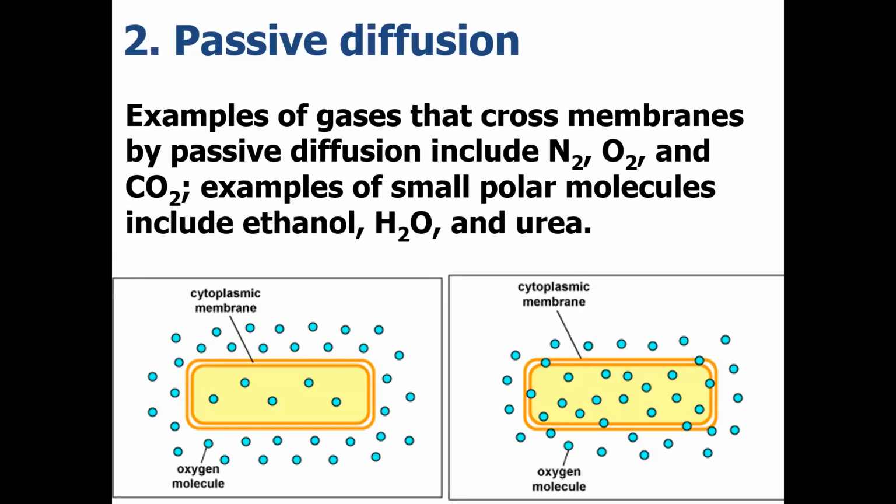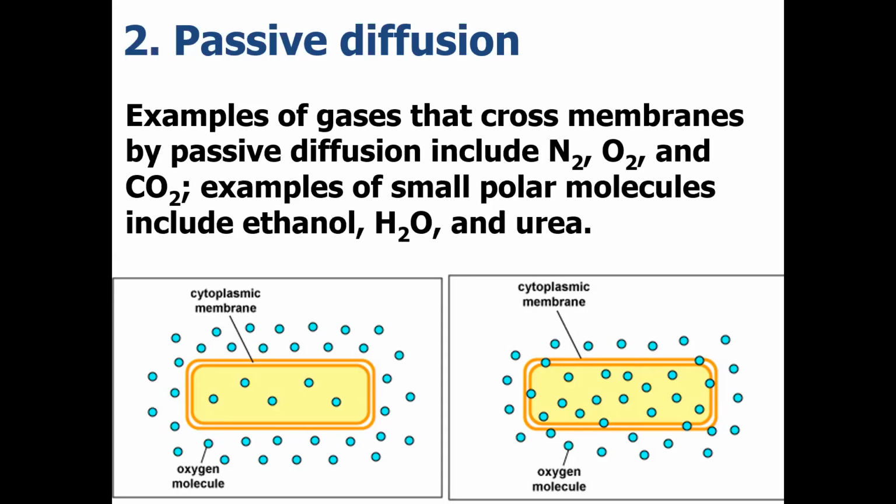At the cytoplasmic cell membrane, the oxygen molecule, shown in blue, has a higher concentration outside, and inside the cells the oxygen concentration is lower. The molecule passes through the cytoplasmic membrane by diffusion and maintains the equilibrium, till the inner and outer oxygen concentrations become equal, as molecules move from higher concentration to lower concentration.